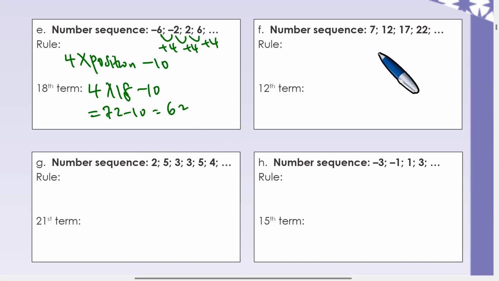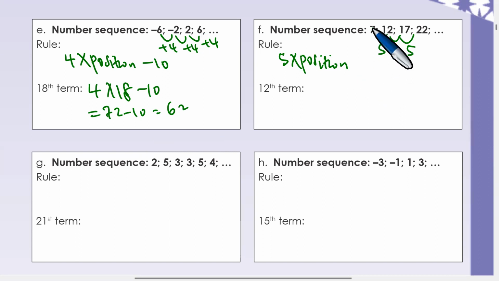Position. Now, here, what are we adding? We're adding 5. So it is 5 times the position.